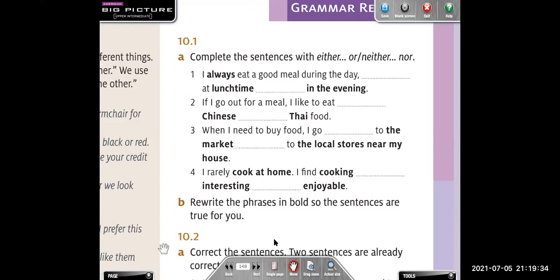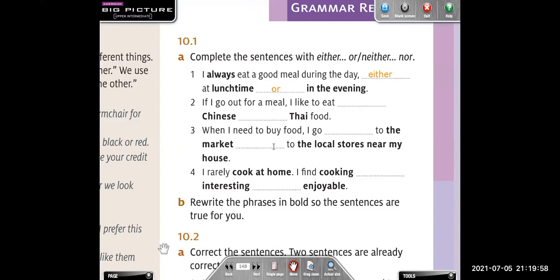I always eat a good meal during the day, at lunchtime, in the evening. ¿Qué podríamos decir? Either. Either at lunchtime or in the evening, right?